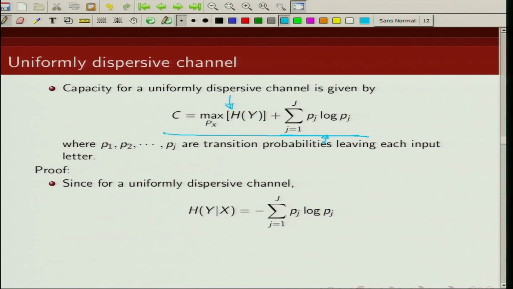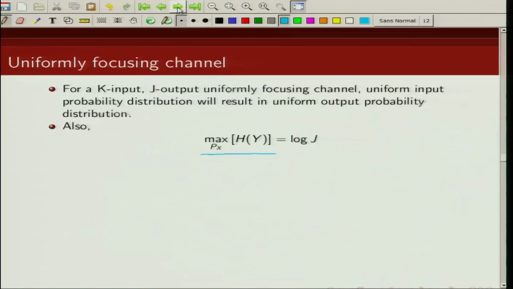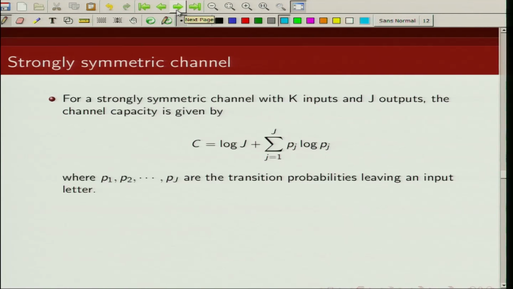Since a strongly symmetric channel is both uniformly focusing and uniformly dispersive, we know exactly the expression for channel capacity. So, this will be log of j plus summation of pj log pj. This is the expression for capacity for the strongly symmetric channel.